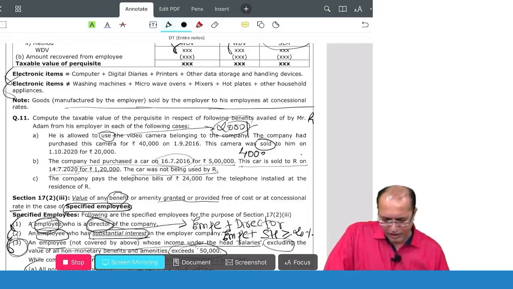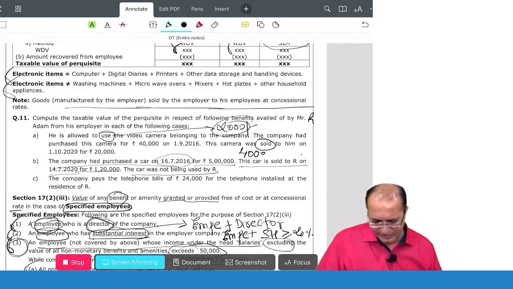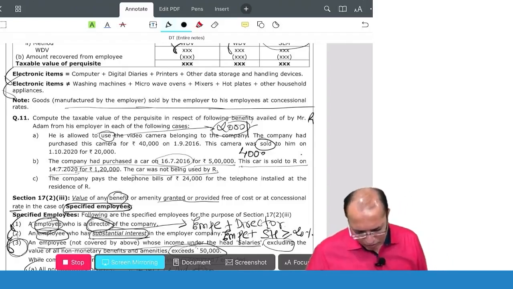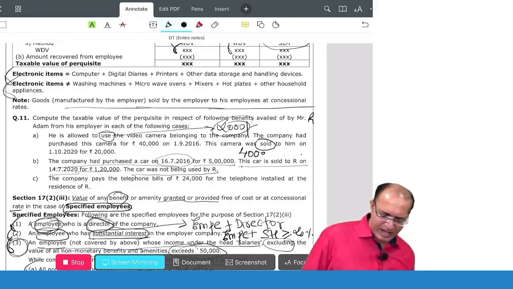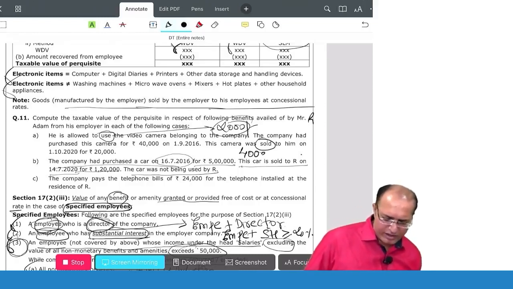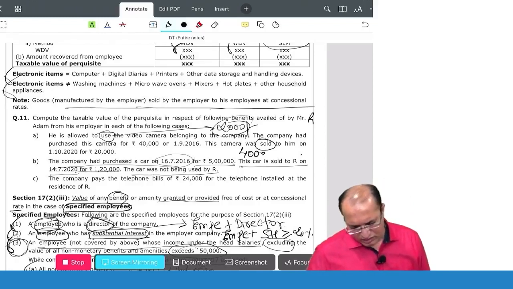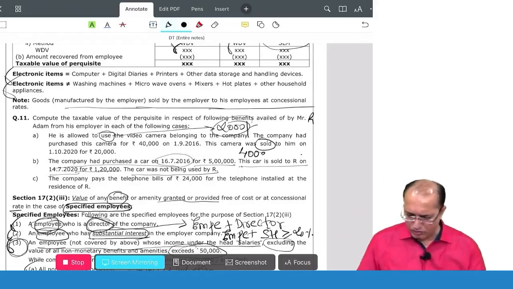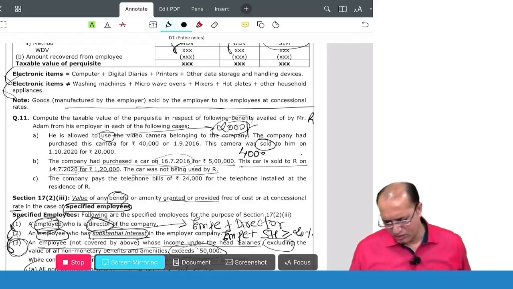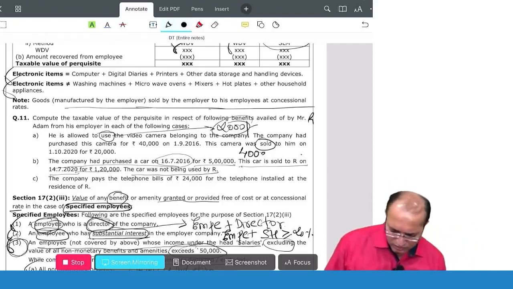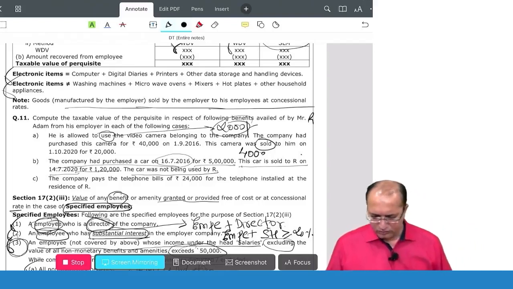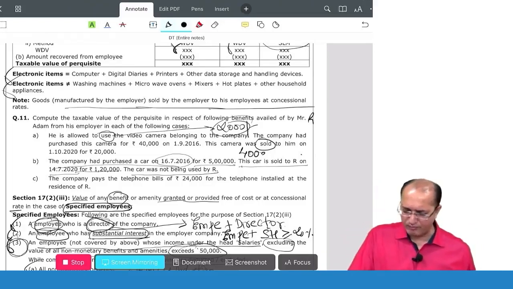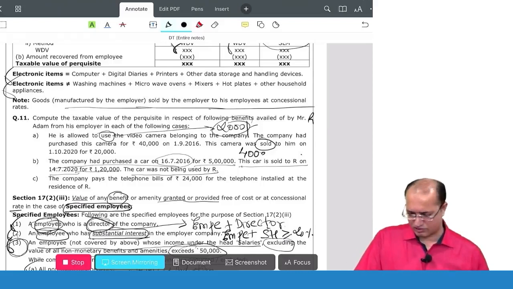Perquisite in respect of gas provided from own sources: in this case, can the employer manipulate or not? These big giant companies, their books of accounts are audited. Manufacturing companies also have to do cost audit, so it is difficult for them to manipulate the cost.